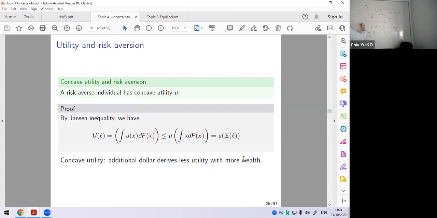This is L, this is U, and you have two outcomes, L prime and L double prime. This may be the expected L prime, so this is U of expected L prime, and this is P of U of L prime.